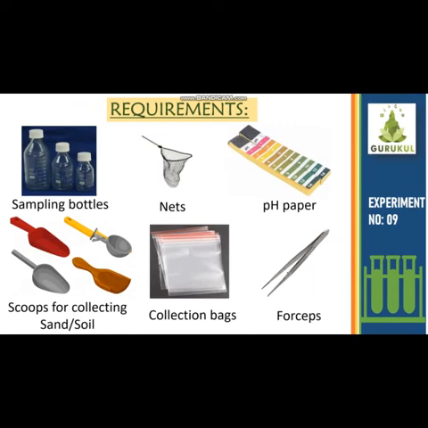I would require some sampling bottles, nets, pH paper. Students, what is pH paper? pH paper is used to determine if any solution is acidic, basic or neutral. This particular package that you see often comes with a color-coded scale.